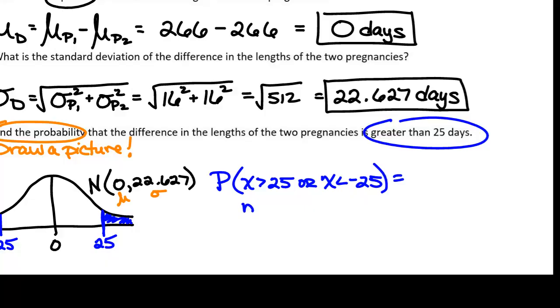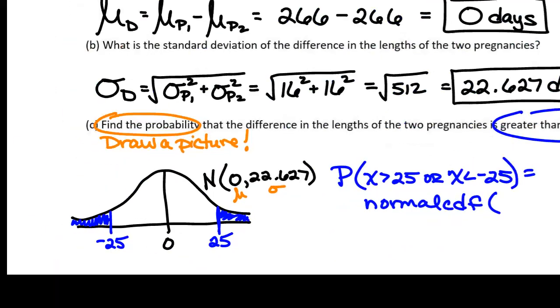So I'm going to do normal CDF. I have tails that are going in opposite directions. But this is symmetric, right? What would that mean? The probabilities in those 2 tails are the same.